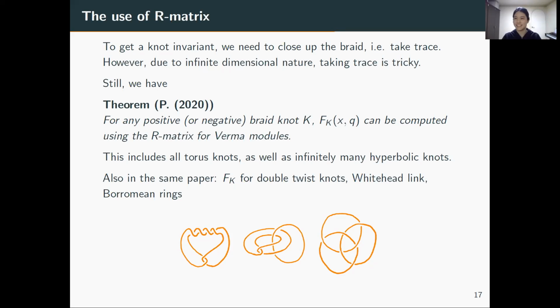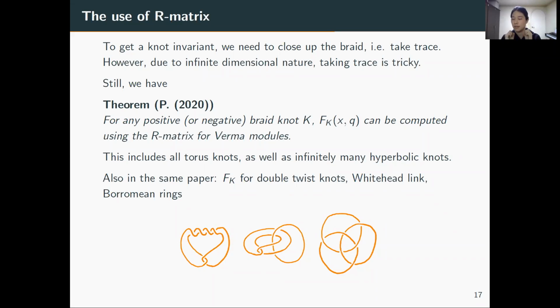Well, yes and no. For these positive braid knots, what was important was that this positivity somehow gives us convergence. Positivity ensures that the powers of Q get more positive. And it's similar in the case of double twist knots, which are parameterized by two integers, m and n.